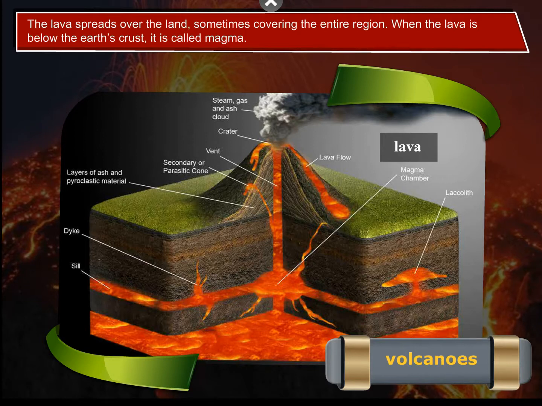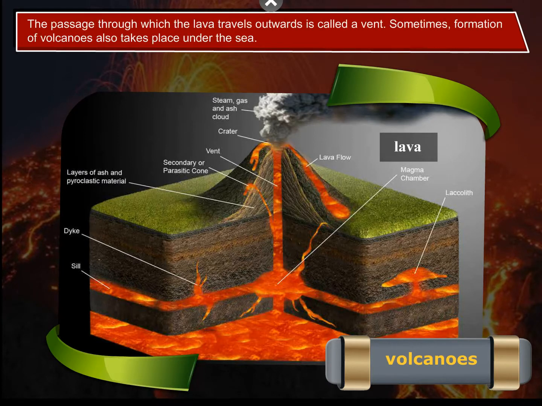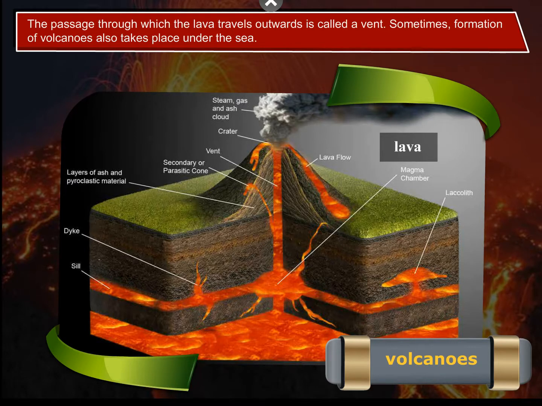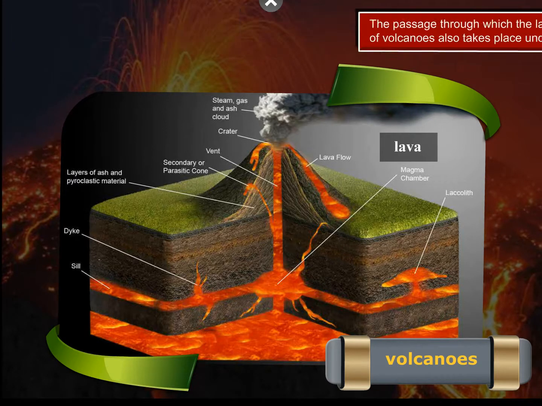When the lava is below the Earth's crust, it is called magma. The passage through which the lava travels outwards is called a vent. Sometimes formation of volcanoes also takes place under the sea.